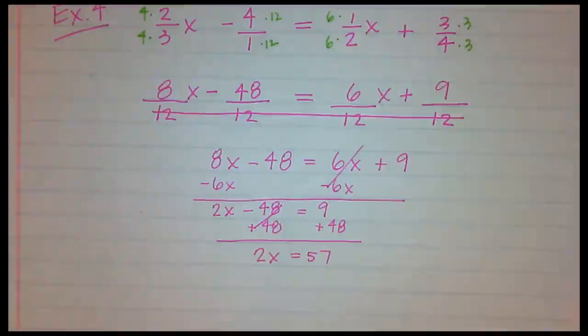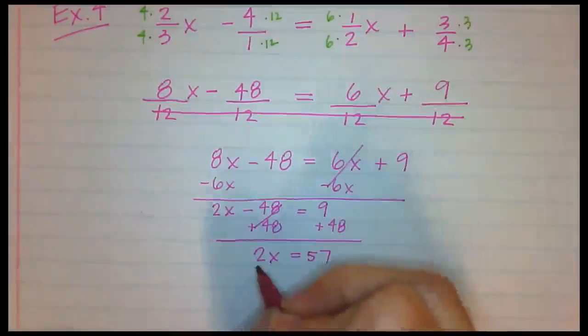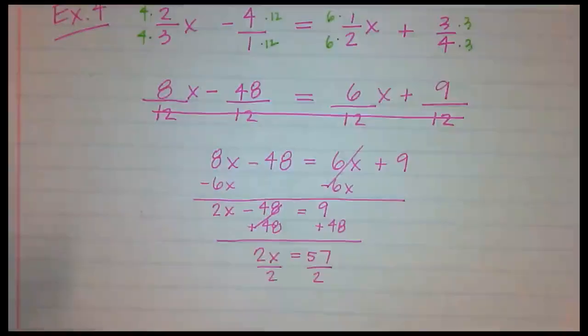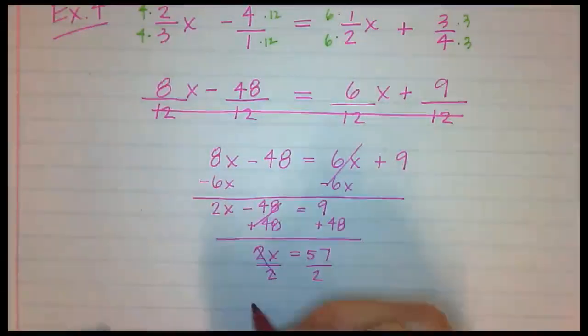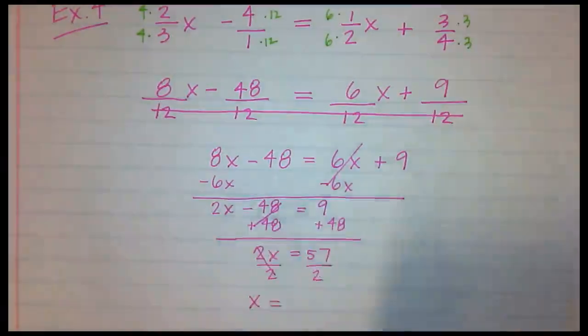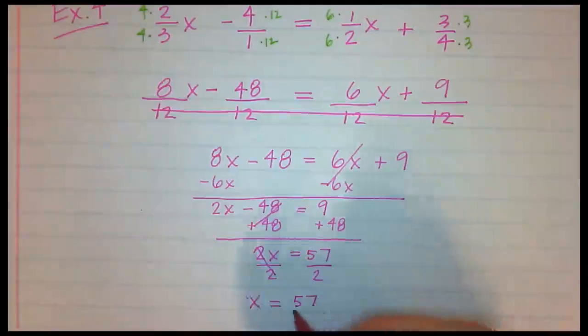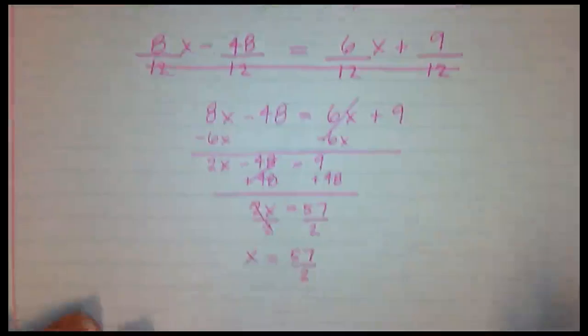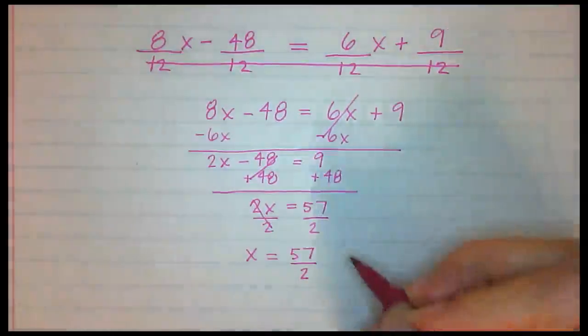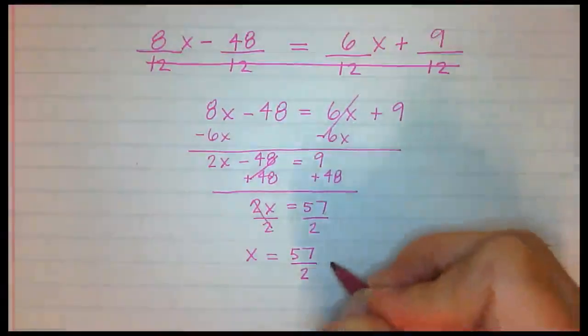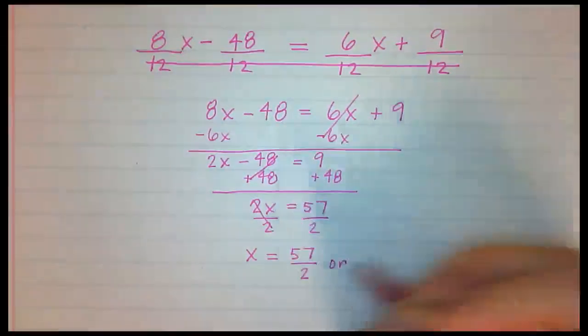And then if we divide both sides by 2, that would cancel there, and what we would end up with would be 57 over 2, which is not going to divide evenly. So we could leave it like that, or we could make it a mixed number.